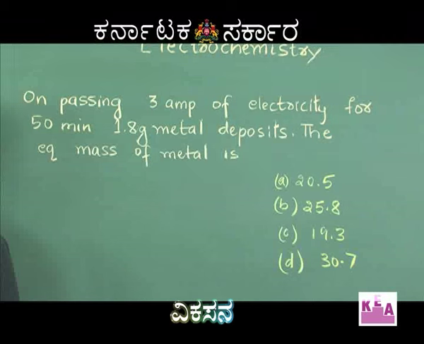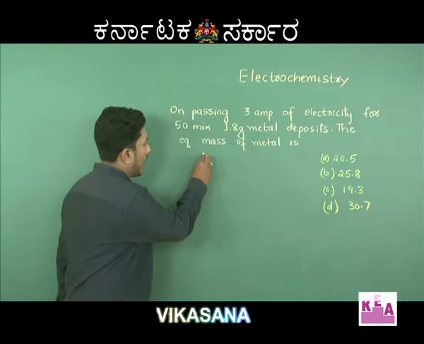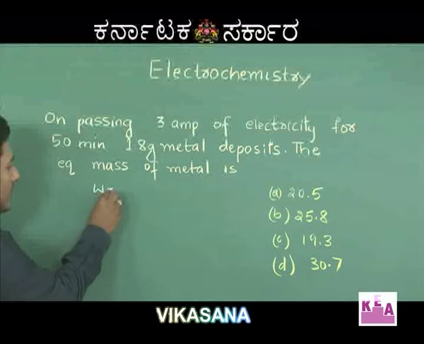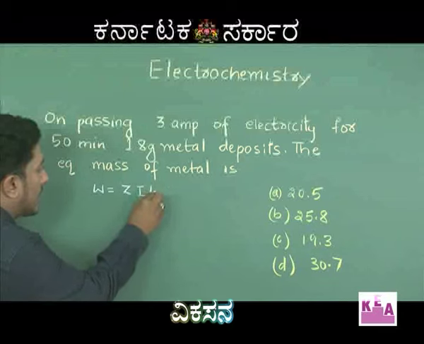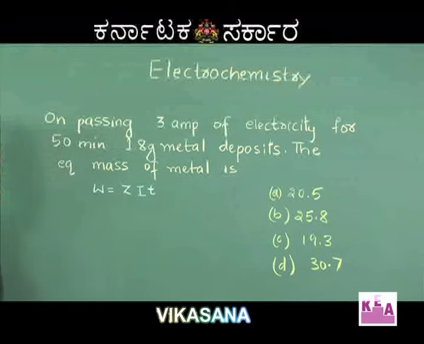Students, this problem can be solved by using Faraday's first law of electrolysis. According to Faraday's first law, weight of a substance discharged is directly proportional to the quantity of electricity passed, and W is equal to Z into I into T, where Z is electrochemical equivalent, I is current in ampere, and T is the time in seconds.